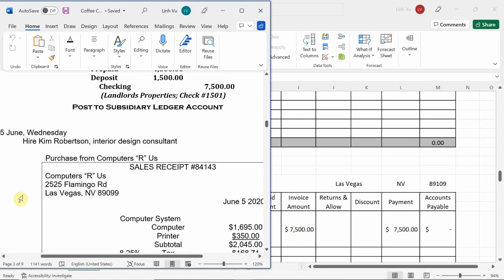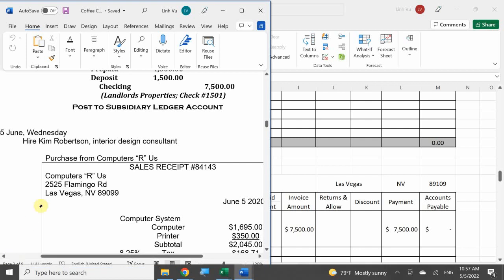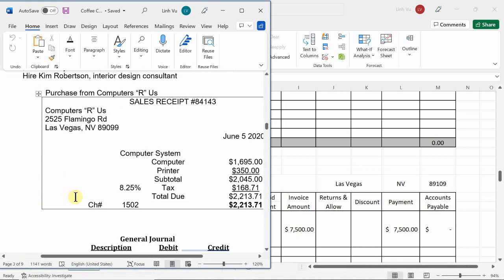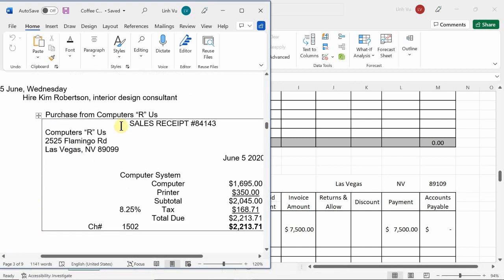All right. So the next thing that we did here is we went to Computers R Us store. So here is what we bought from that store. Here's the store address. This is the sales receipt. Here we bought a computer system, which involves a computer and a printer. Here's the subtotal. So I bought the computer for $16.95 and the printer for $350.